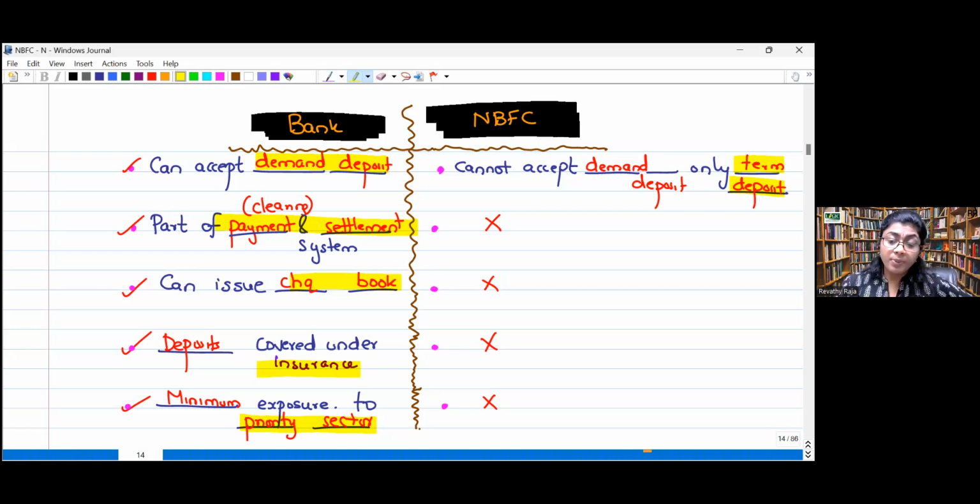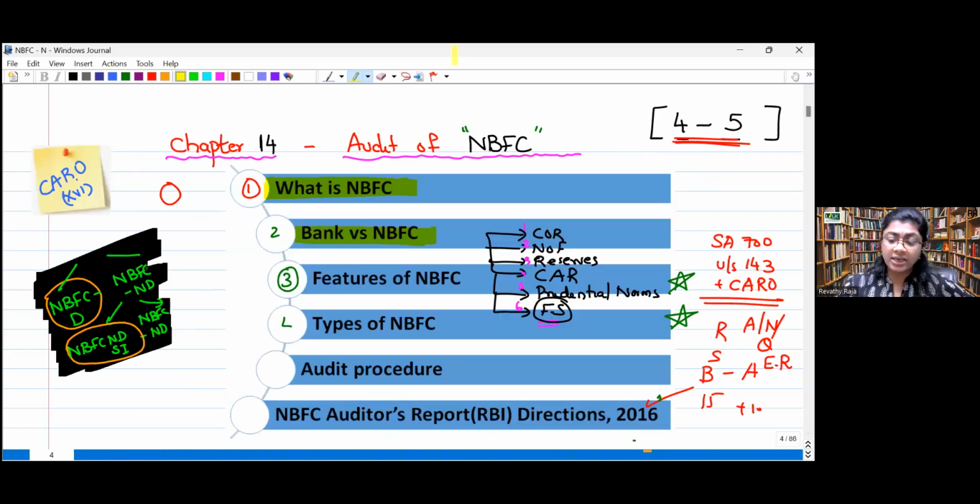So, very important: demand deposits they cannot accept, only term deposits. That was asked once in an MCQ. Are we clear with the second heading, bank versus NBFC?